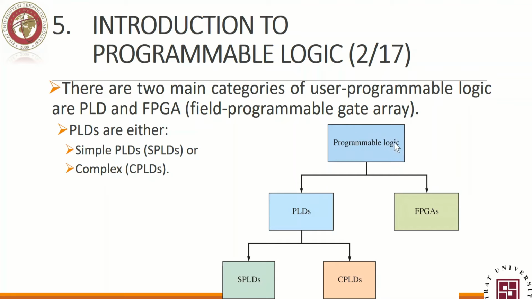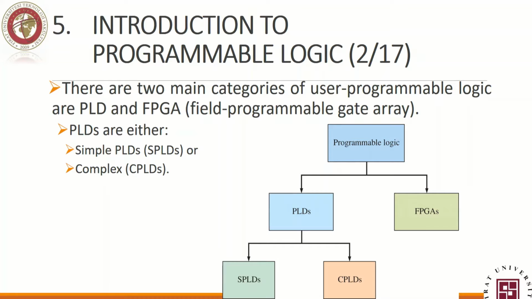For the programmable logic, we have 2 main types, PLDs and FPGAs. FPGAs are field programmable gate arrays. They are based on field programming along with an array of gates, and we will see how they are composed for the design, not now. I said this chapter is about introduction.